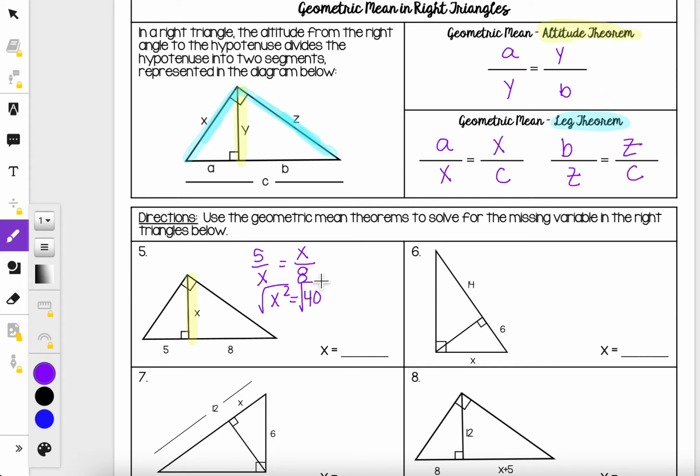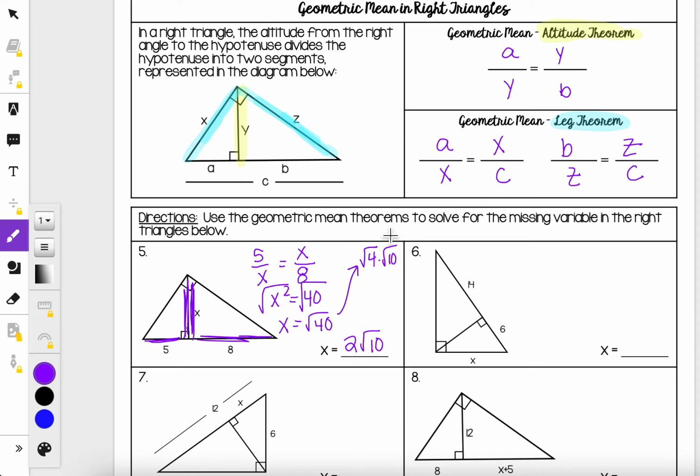Take the square root of both sides, and X equals the square root of 40, which simplifies to 2 root 10, because I can break that up into the square root of 4 and the square root of 10. Again, my short leg over the long leg equals the short leg over the long leg.